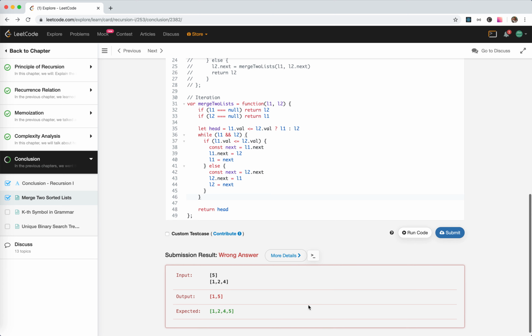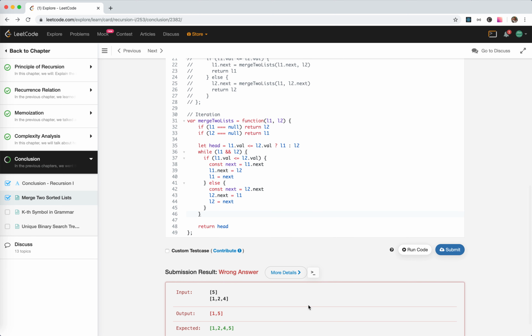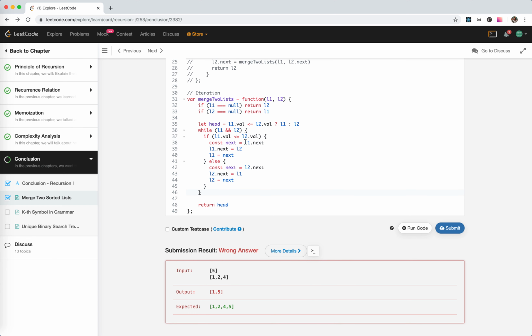Oh, it's wrong. What's the problem? We get 5, 1, 2, 4, 1, 4. Because in this case L2 is smaller, so L2 is next.